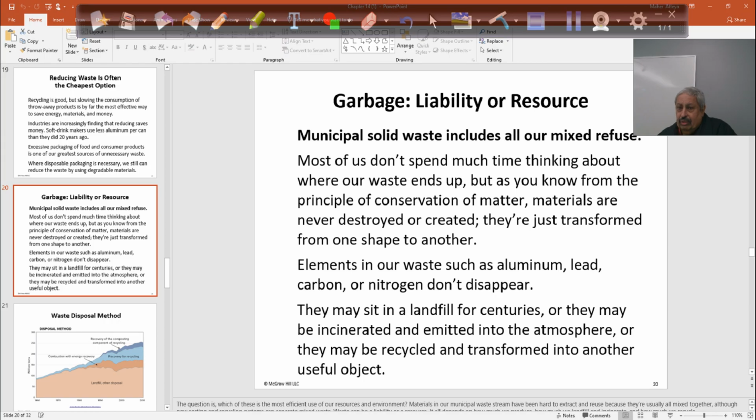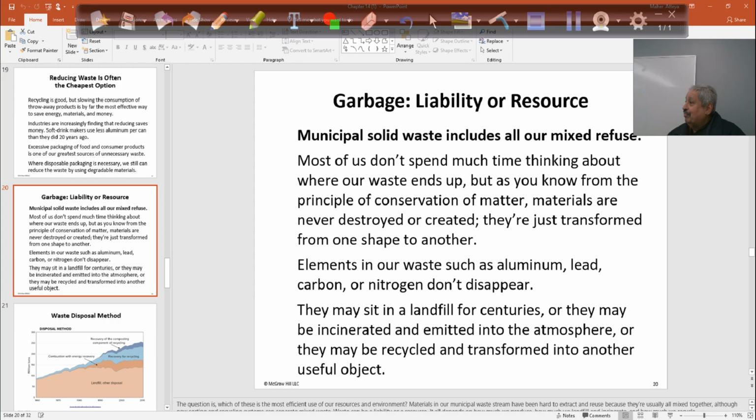Municipal solid waste includes all our mixed refuse. Most of us don't spend much time thinking about where our waste ends up. But as you know from the principle of conservation, what's the principle of conservation? We said matter is not destroyed and not produced from nothing. Matter can go from one form to what?